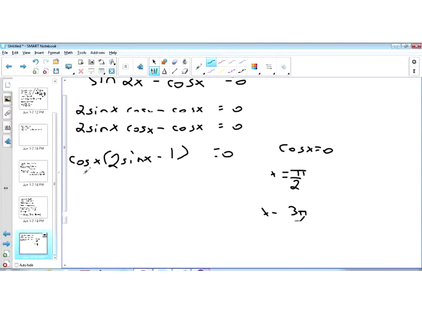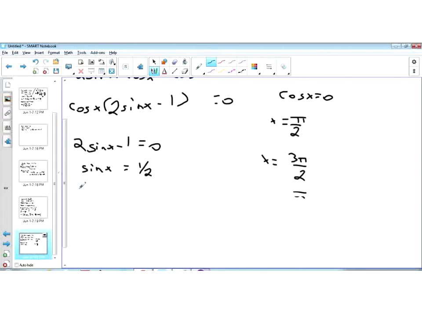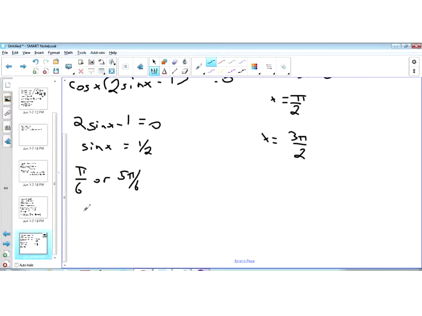Okay, and then we solve where 2 sine x minus 1 is equal to 0, and that would happen where sine x is equal to a half. And again, that's pi 6 or 5 pi over 6. So then we can consolidate our answers and do the periodic extension.